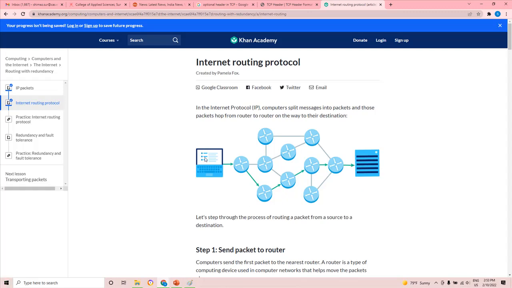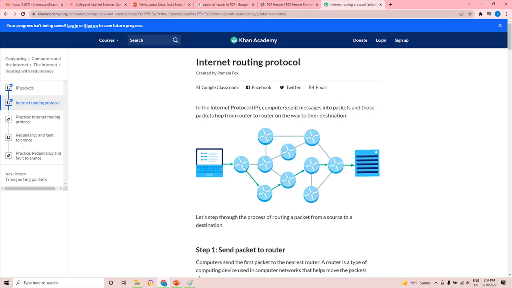So they use routing protocols. The routing protocols are used to find the best path, and through the best path they will forward the packet. The routing protocols help the routers decide through which path the packet has to be forwarded.